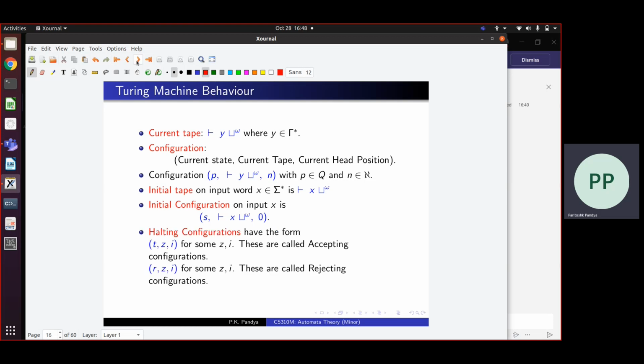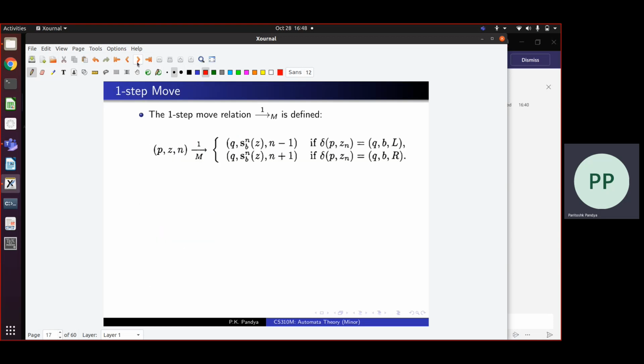Now what the Turing machine does is it makes a move, from the current configuration to go to the next configuration. That move is defined here. Suppose my current configuration is like this. I am in state P. Z is the content of the tape. So Z basically contains symbols Z1, Z2, Z3, and it goes on like this.